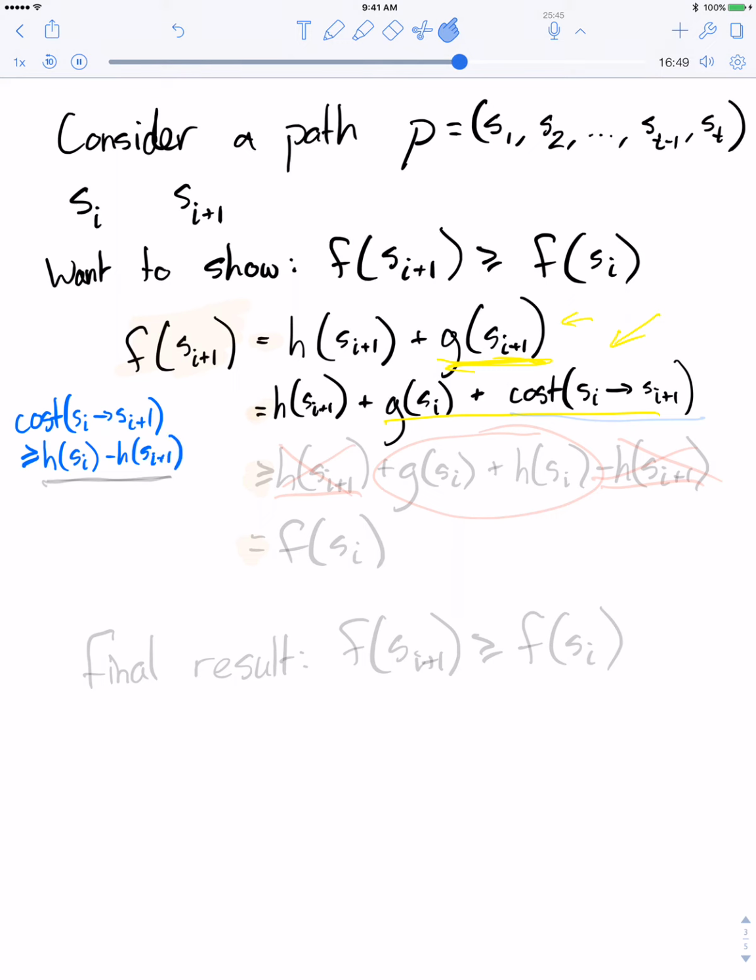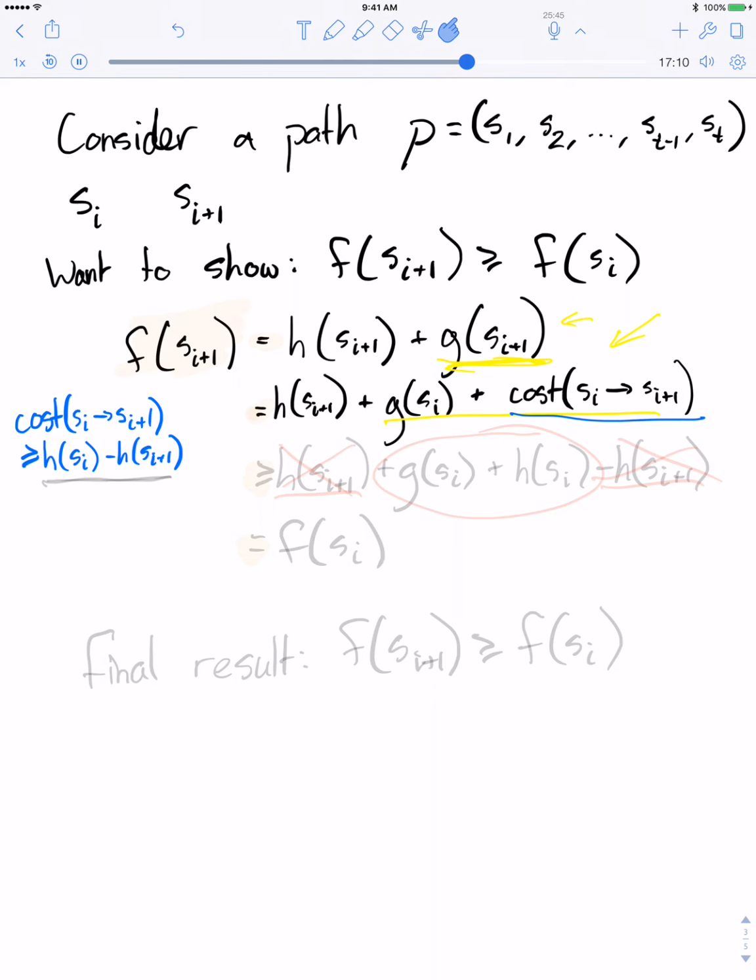I've just switched around the order of the two sides of that inequality, but this is the same definition we had before. So, sorry, I should not have said we know something about H of Si plus 1. What we can actually do next is something with this cost.